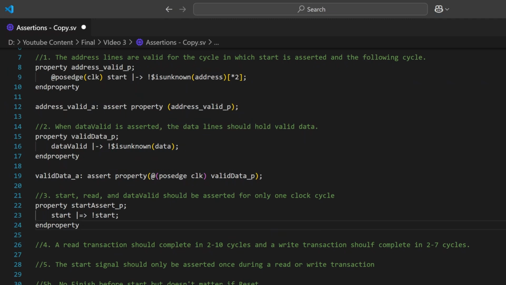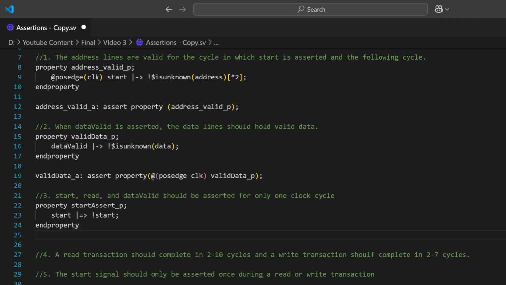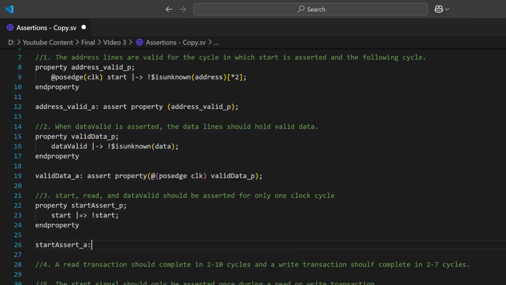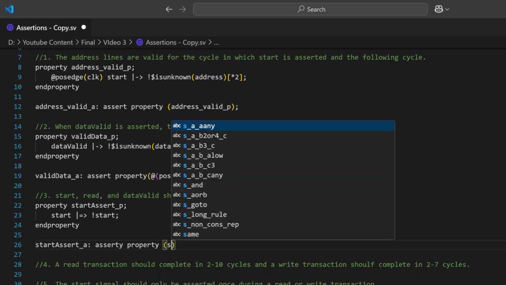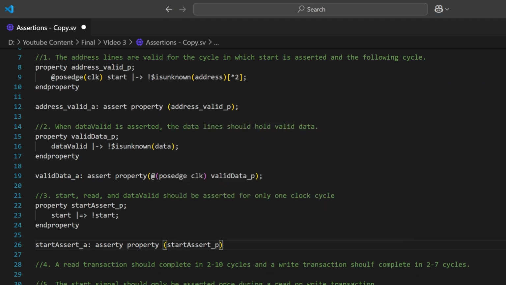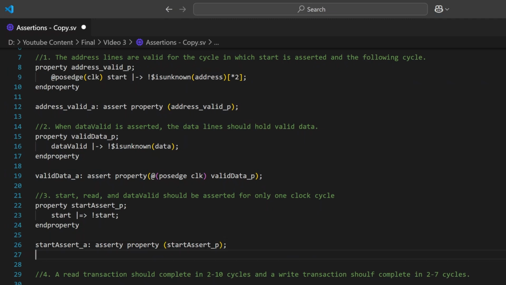So this indicates that the start will remain asserted for only one clock cycle. Then on the next clock cycle, it should be deasserted. Otherwise, the assertion or the property will fail. Let's move on with the read signal.